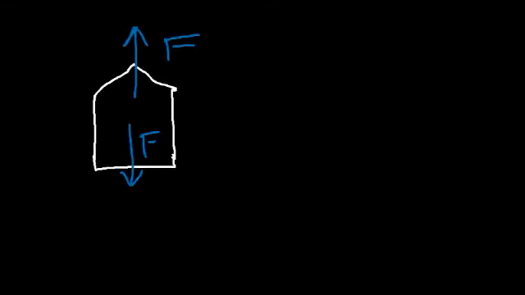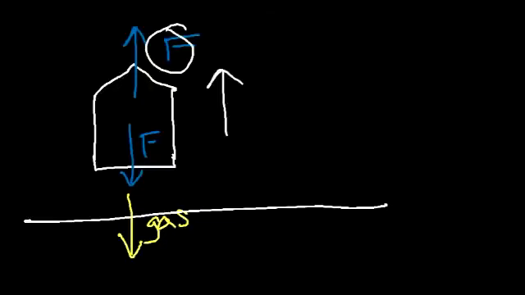So the gases that are expelled leave the rocket in a downward direction. And by exerting a force on that gas, it also exerts an upward force that propels the rocket above the ground. And so the rocket goes up.